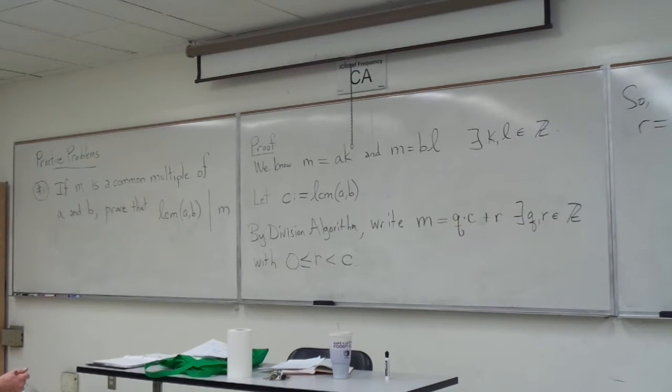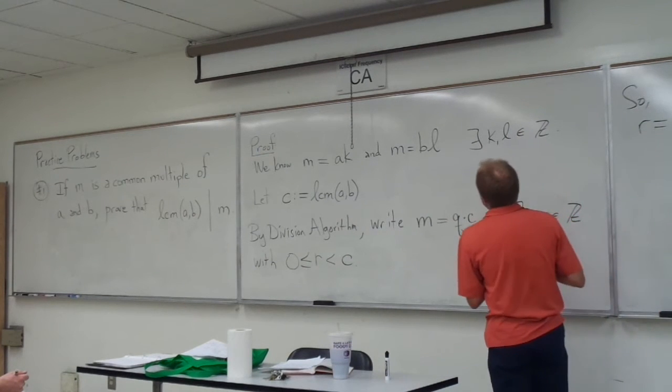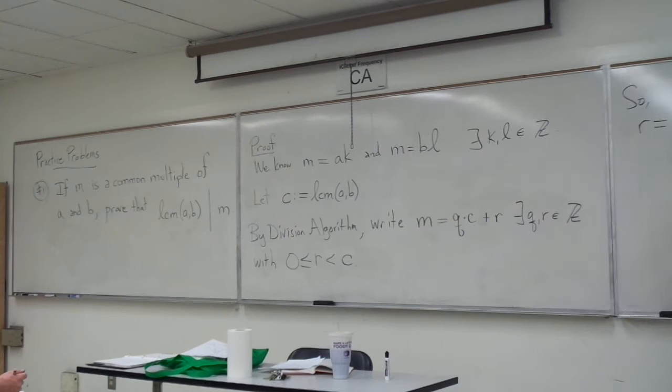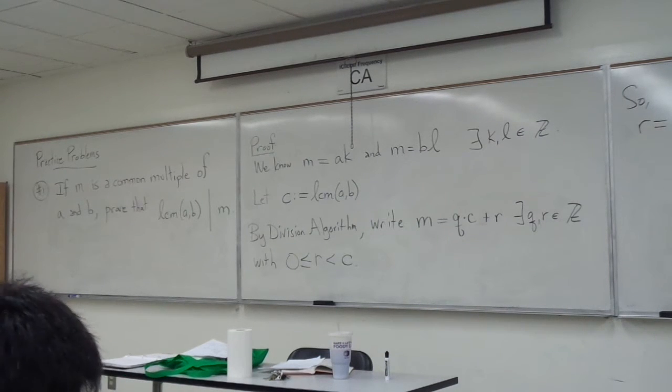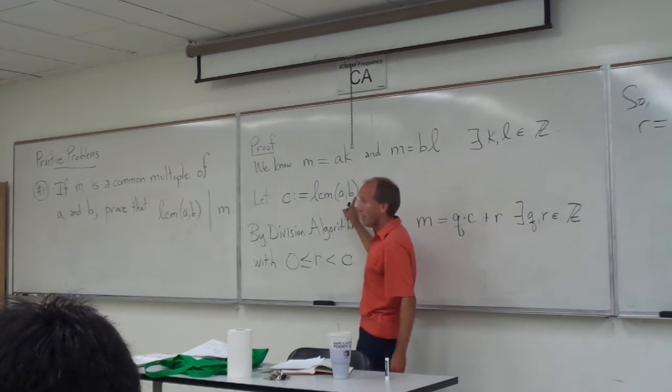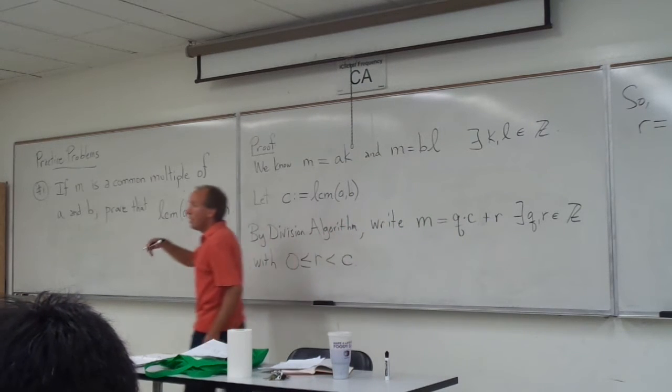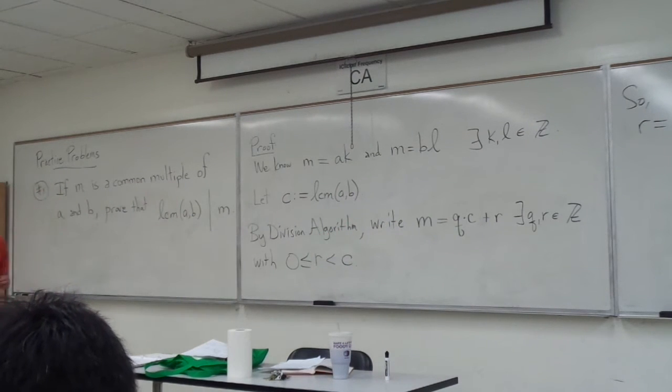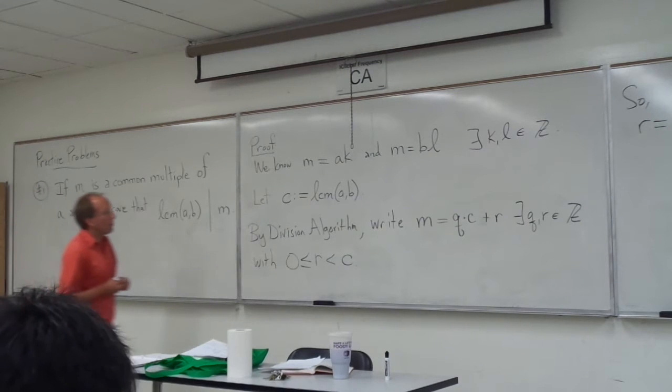So if we think about that, m is a multiple of a, and c is a multiple of a. C is a common multiple. It's actually the least common multiple of a and b. So m is a multiple of a, and c is a multiple of a.